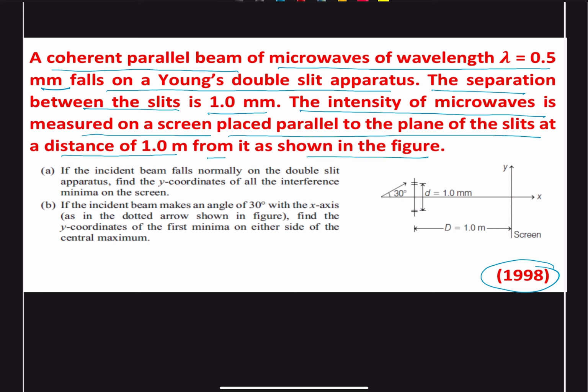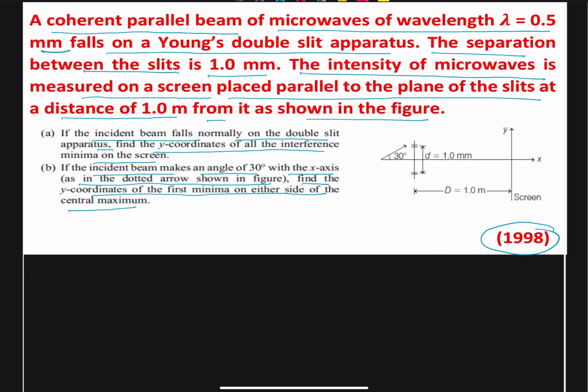So we have two questions based on this description. If the incident beam falls normally on the double slit apparatus, find the y coordinate of all the interference minima on the screen. And in part B, if the incident beam makes an angle of 30 degree with the x-axis, as shown by the dotted arrow in the figure, find the y coordinates of the first minima on either side of the central maxima.